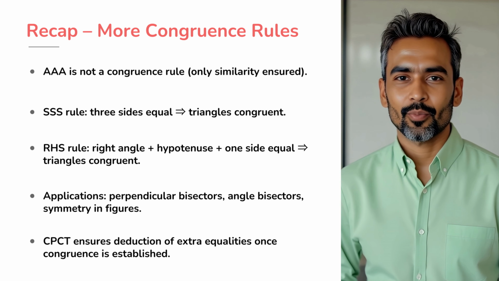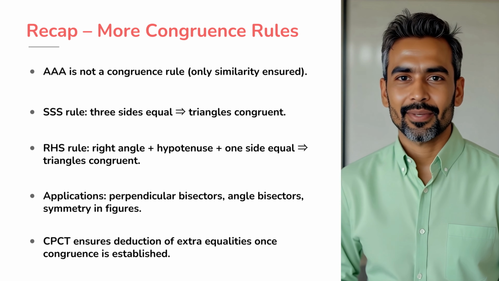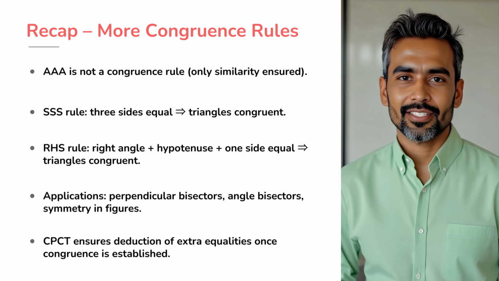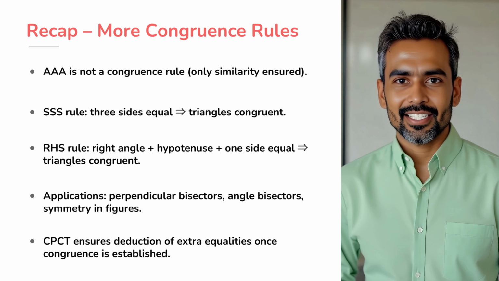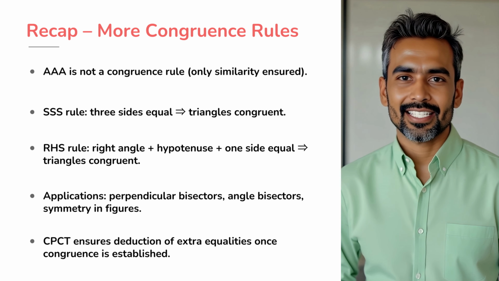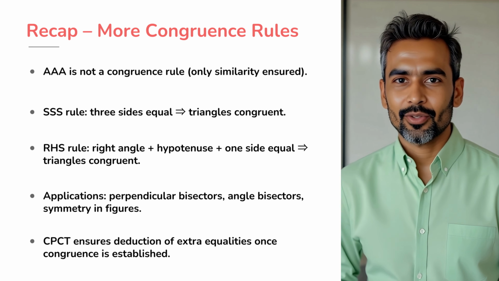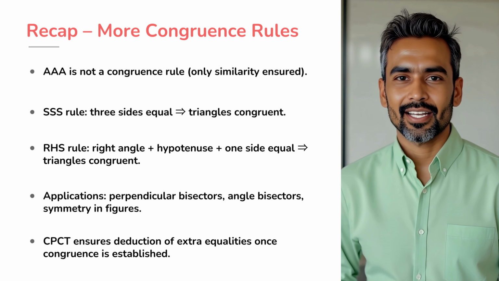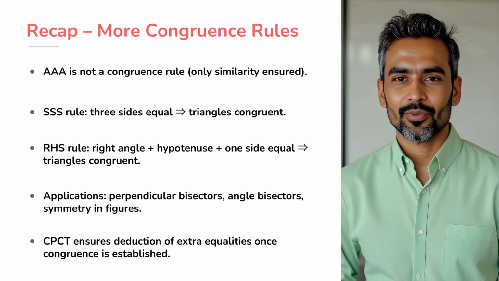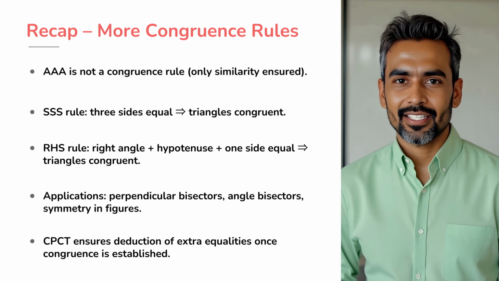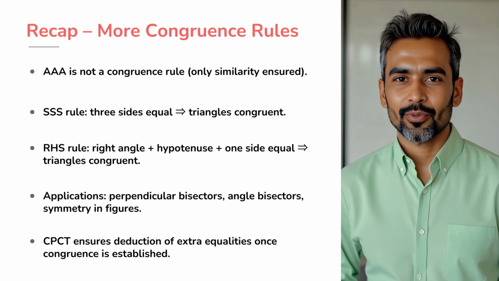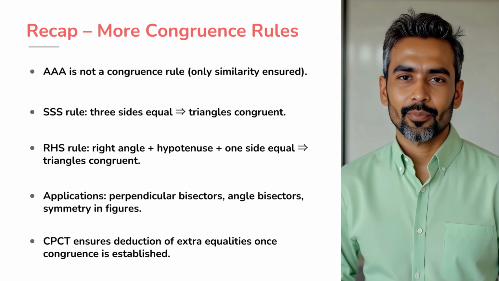And remember, once congruence is proved, CPCT, corresponding parts of congruent triangles, lets us unlock even more equalities. So, with SSS and RHS added to our toolkit, our congruence tests are now stronger and more versatile. In the next video, we'll take these congruence ideas further into applications and proofs, making geometry even more exciting.